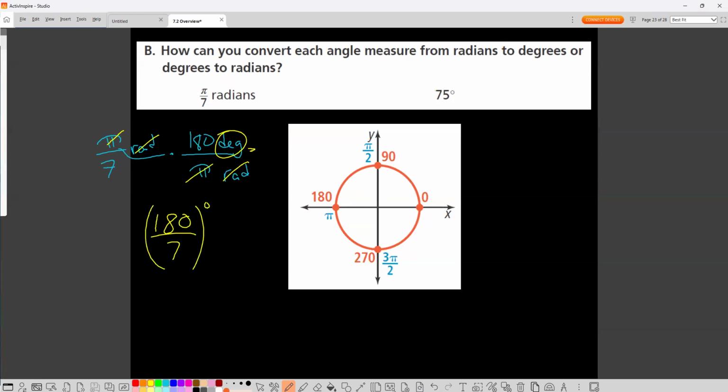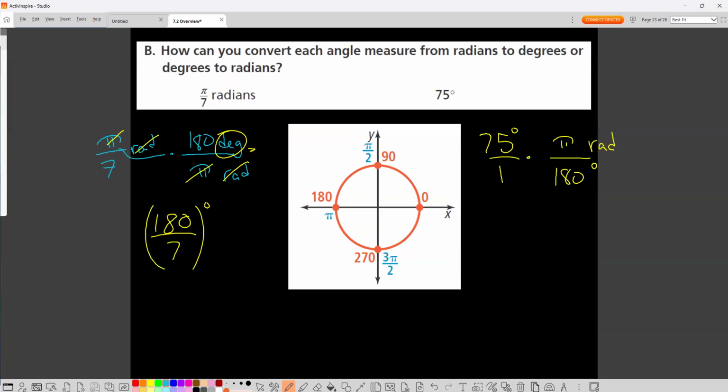degrees. On the second part, if I have 75 degrees and I want to end up in radians, I'll put my degrees down here, 180 degrees, and we said that was pi radians, and you can simplify that.